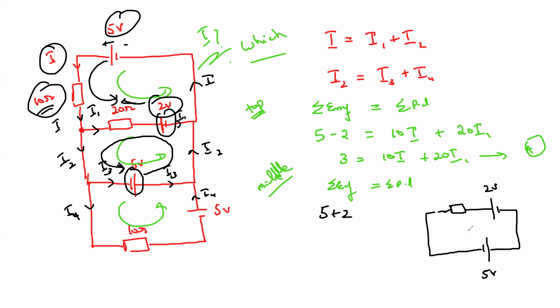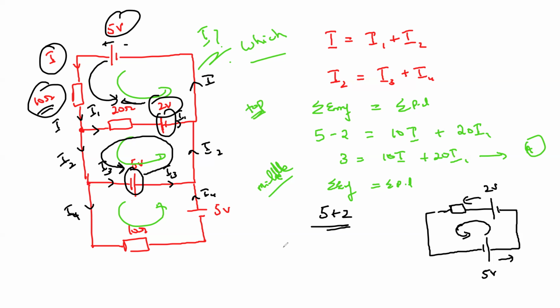The 5 volt will push, so this will be the direction of the flow. Because both are pushing the charges in the same direction, the total EMF will be the sum. That's why it will be 5 plus 2. If they are pushing the charges in opposite directions, then we subtract them. Is it clear?